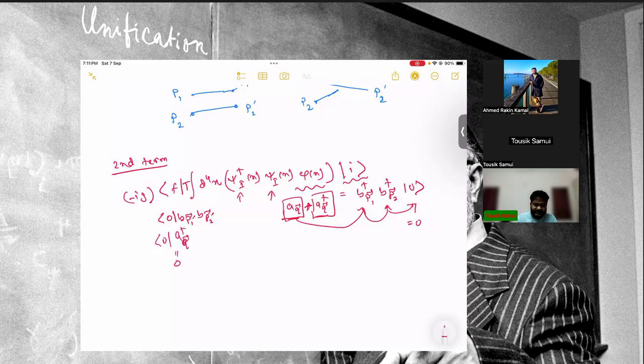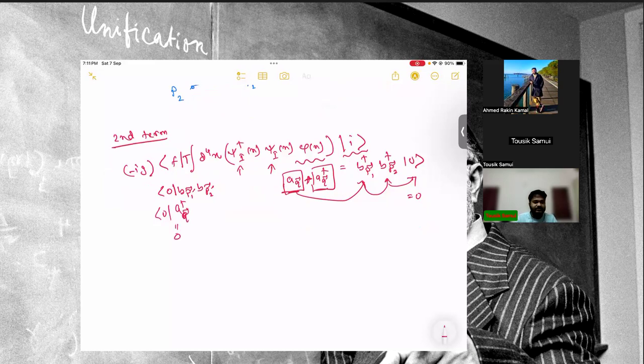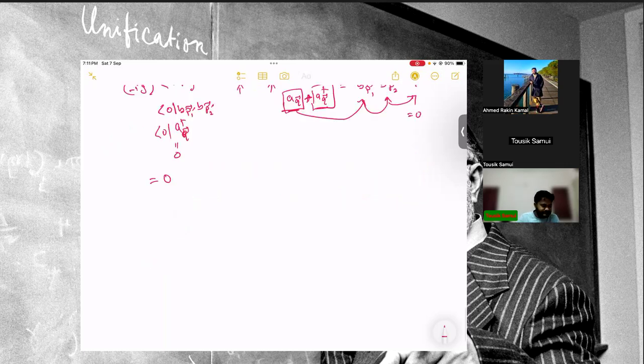So this basically says the second term is essentially 0 for the thing that we are considering. It might have significance in some other processes where the initial and final states are different, but at least for this we don't have a contribution from the second term. But let us see the third term.